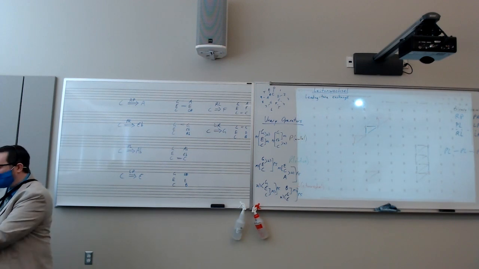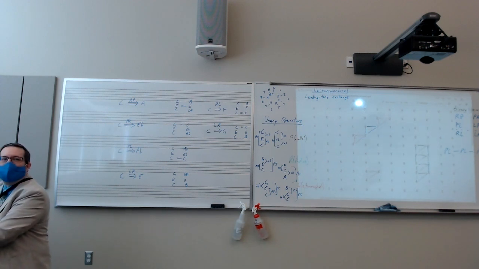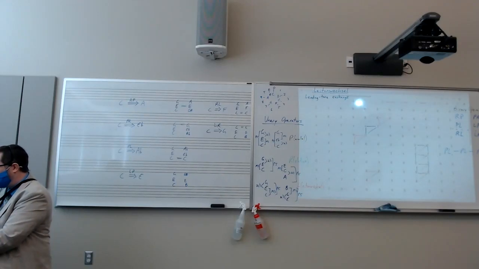Go the other way. C major, C minor. E flat major. E flat or D sharp minor. F sharp major. F sharp minor. A major. A minor. Back to C major.